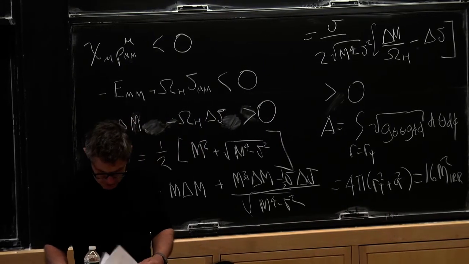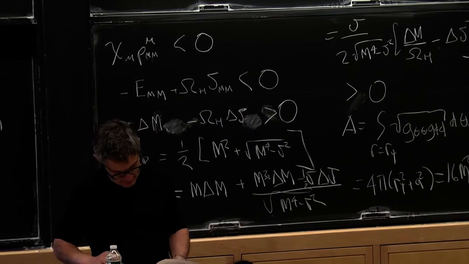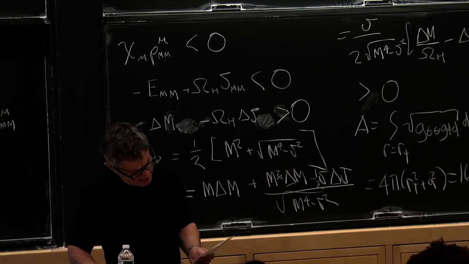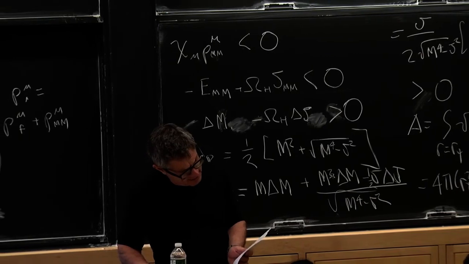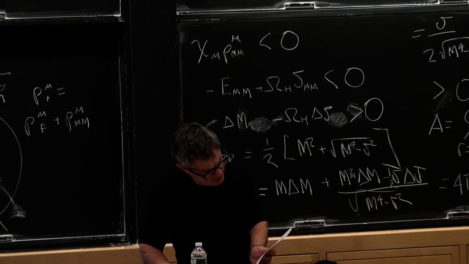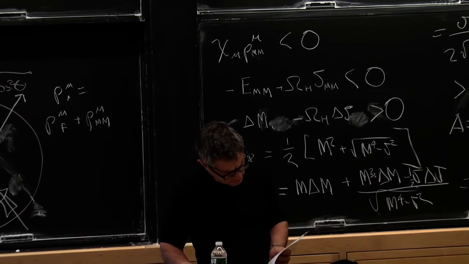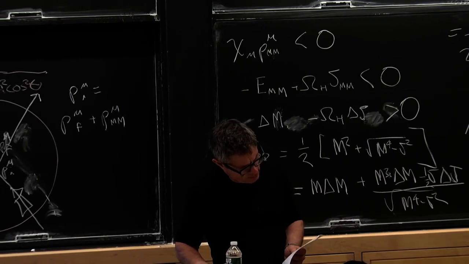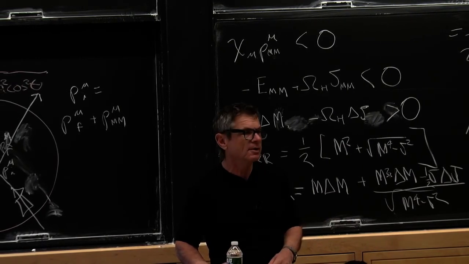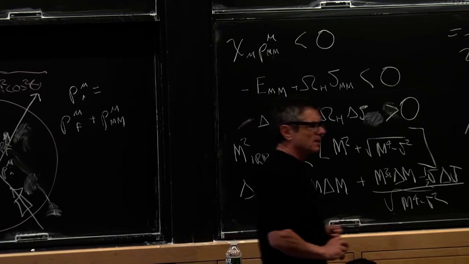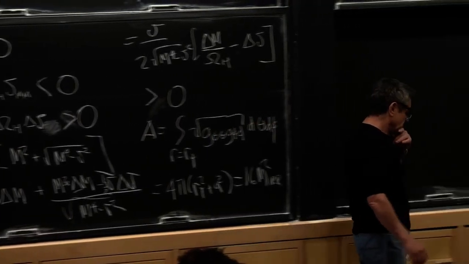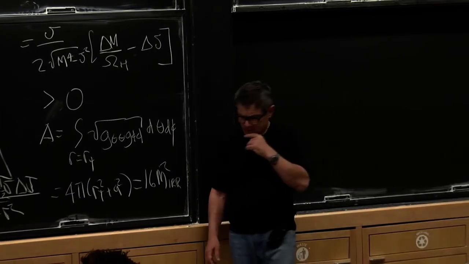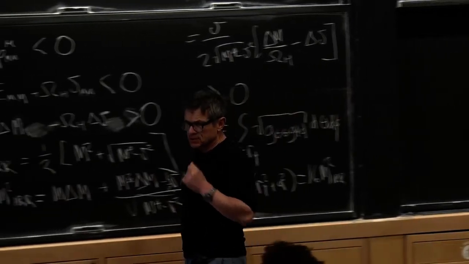Now, there's another argument which I almost surely won't get to. But there's something called the area theorem, which is much more general, various versions of which were proved by Hawking and Penrose.